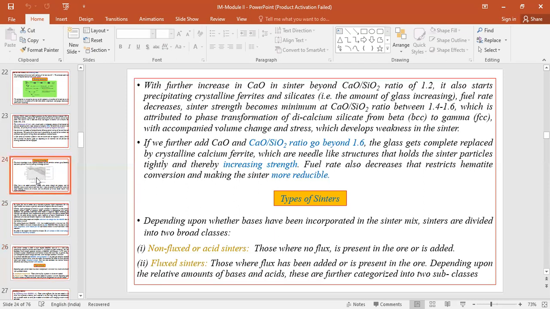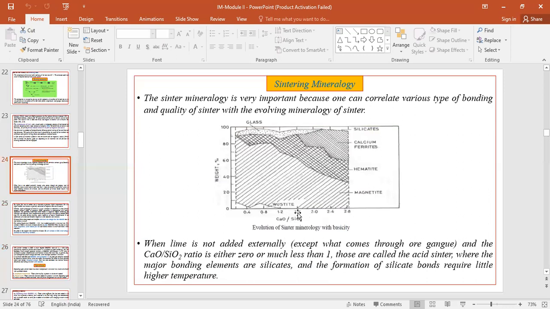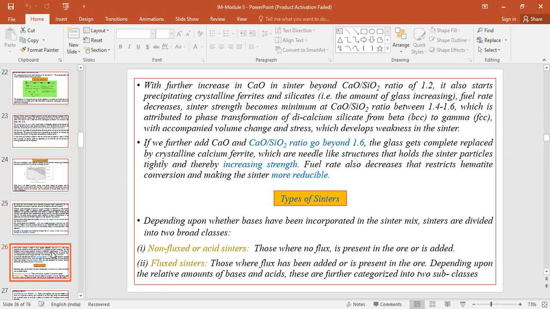But if you add CaO by SiO2 around 1.6 or beyond that, you can clearly see there is another phase which is forming, the calcium ferrite phase, which is evolving beyond CaO by SiO2 of around 1.6 and above. And this phase, calcium ferrite, has needle-like structures that hold the sinter particles tightly and thereby increase strength.